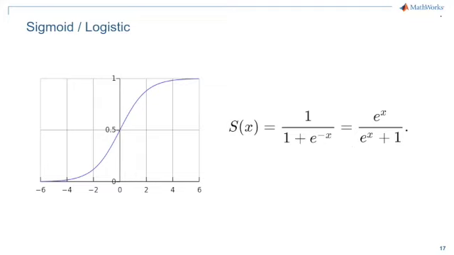You have this curve from 0 to 1. A good advantage of this function is the smooth gradient, so it prevents jumps in output values. The curve goes to infinity: if you go above 4, it's going to be close to 1.